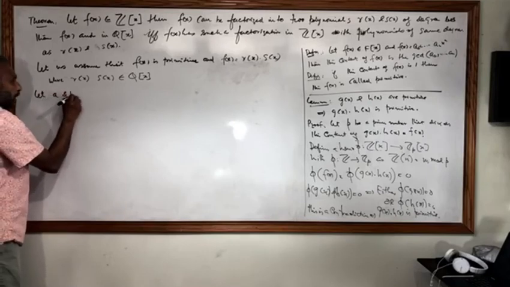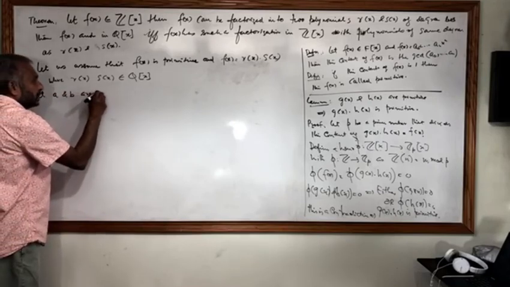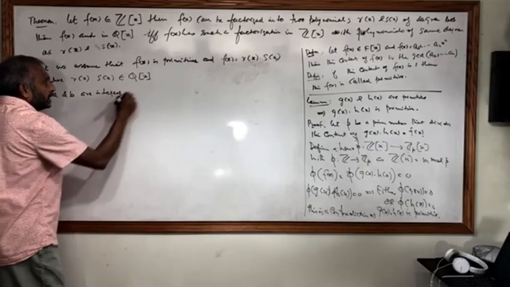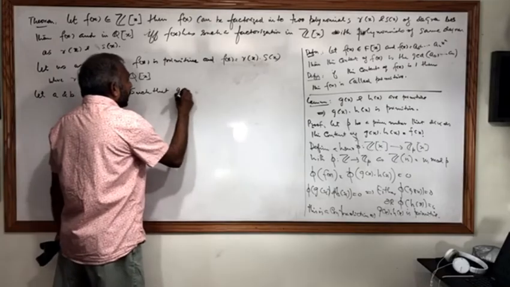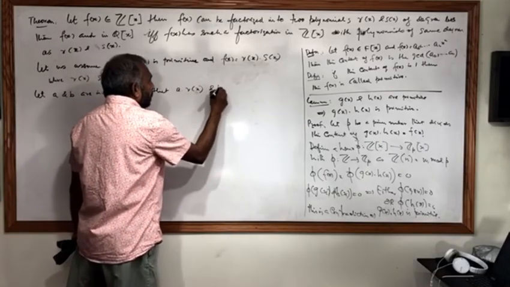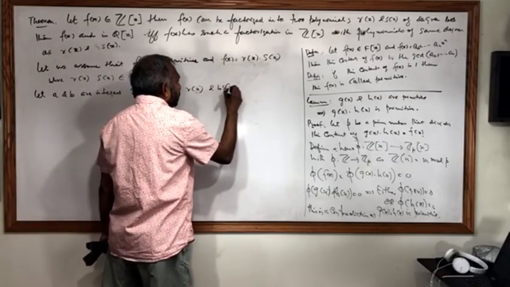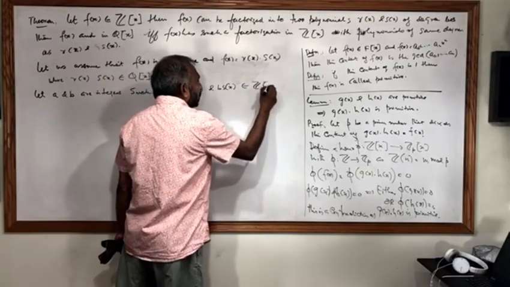So let a and b be integers such that a times r of x and b times s of x belong to Z of x, which is possible.